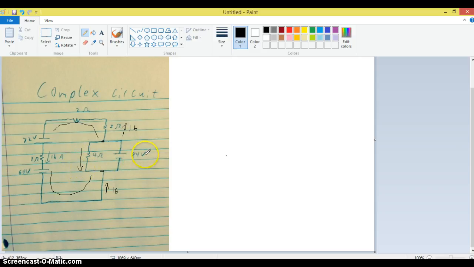To find that, we can use V equals IR, which is going to be some I times 4, and that has to equal 84. So we just do 84 divided by 4, which is 21.